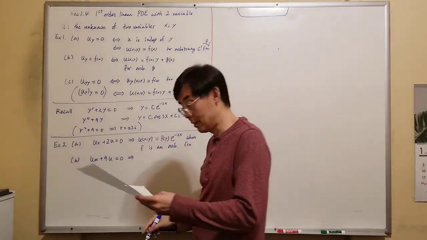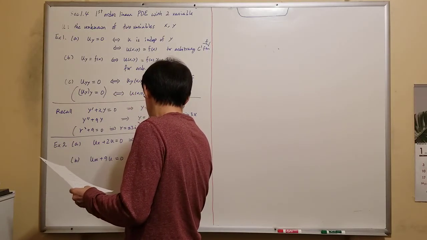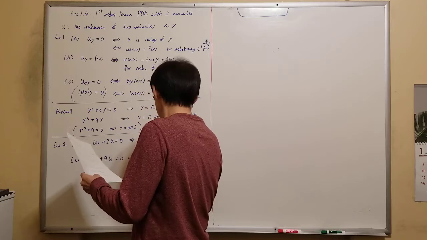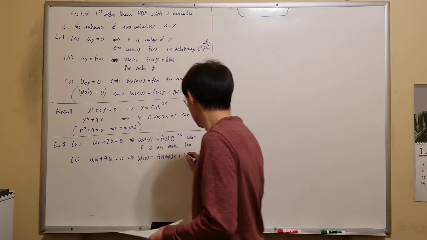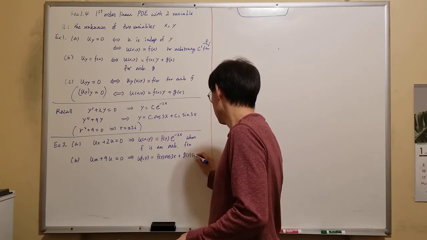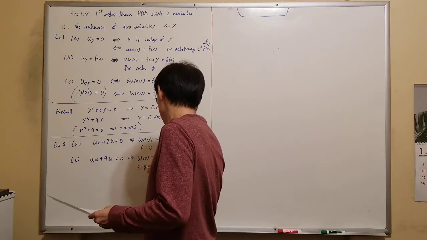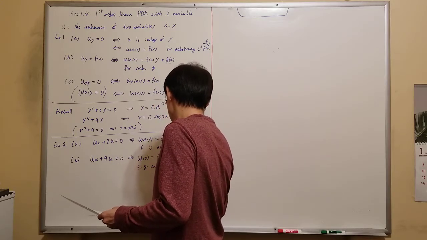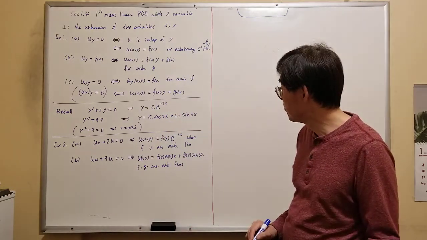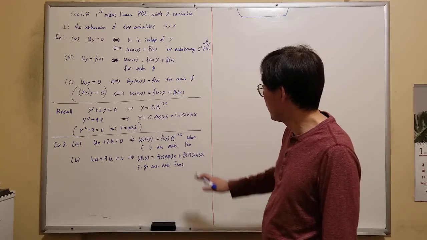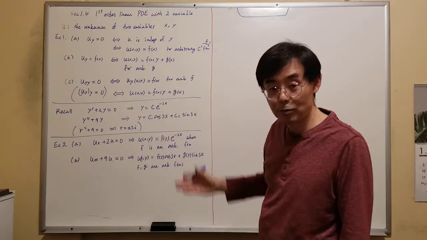So u of x, y will be f of y cosine of 3x plus g of y sine of 3x. Here, f and g are arbitrary functions. So far it is almost ODE level, right? Or calculus 2 level.